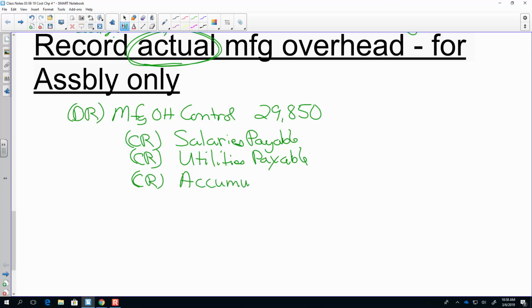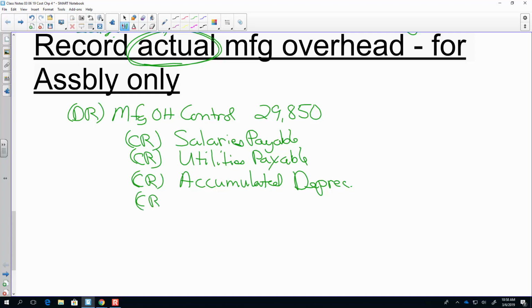I didn't want you to say depreciation expense. I would have had a heart attack. In cost, we don't use the expense word, in most cases, unless it's selling and admin, then we do. So this is the credit side, and the debit is going into the control account, right?